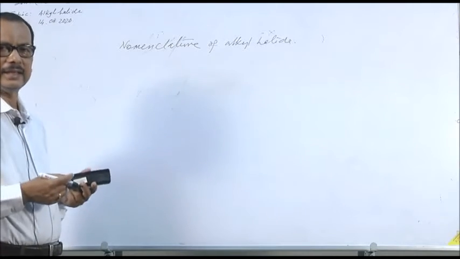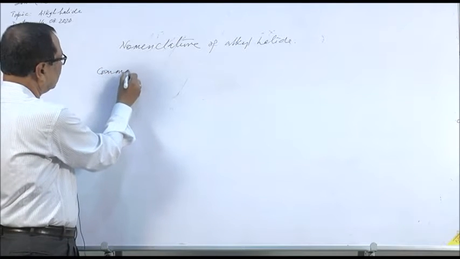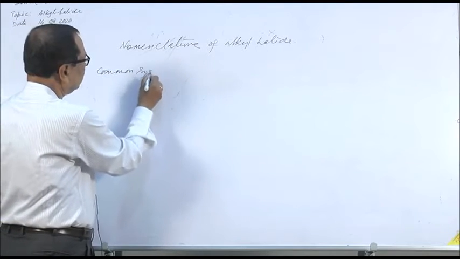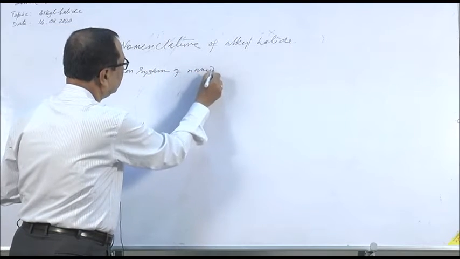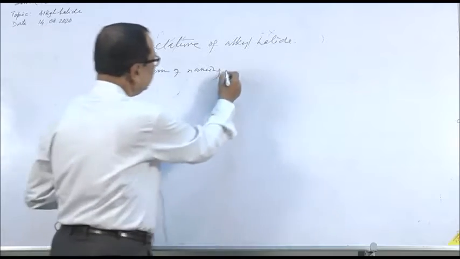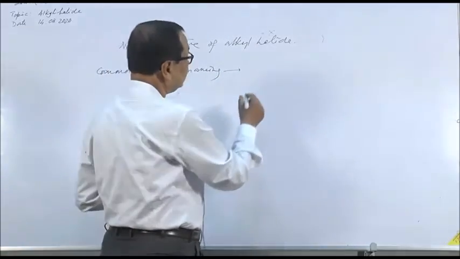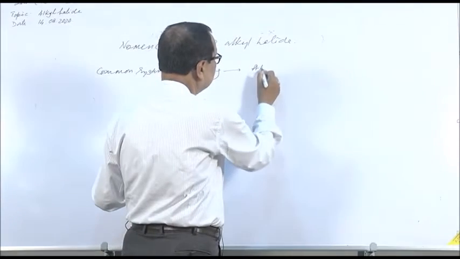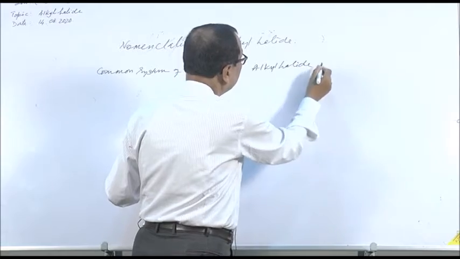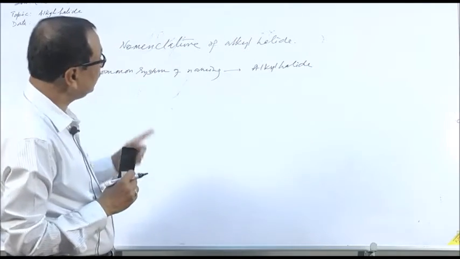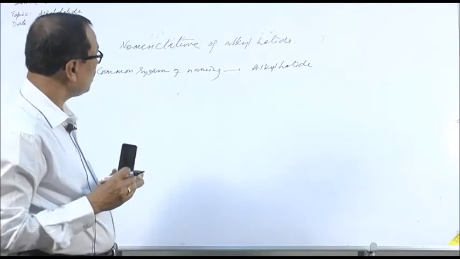One is called the common system of naming. In this system, alkyl halides are named as alkyl halide: the name of the alkyl group, then the name of the halogen, replacing the halogen ending by IDE.